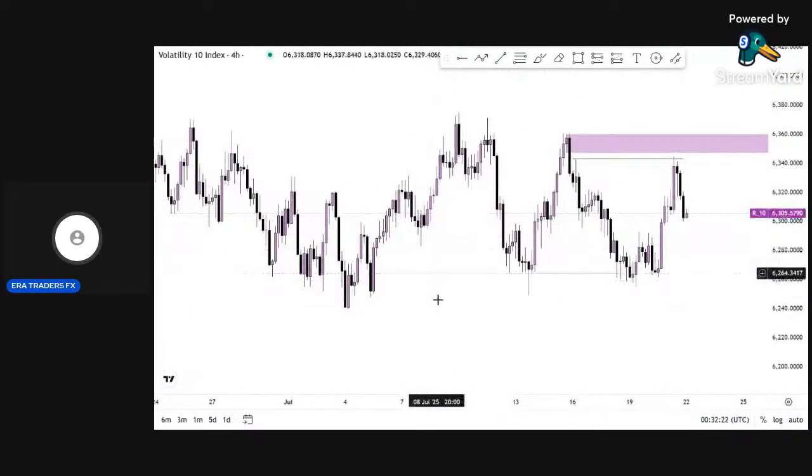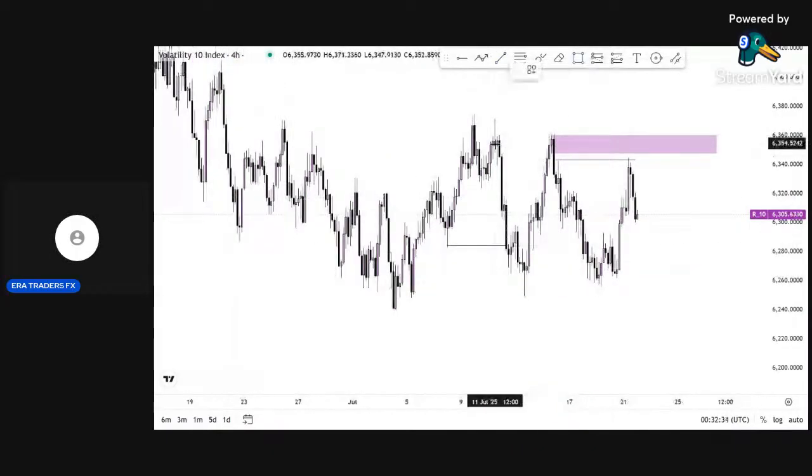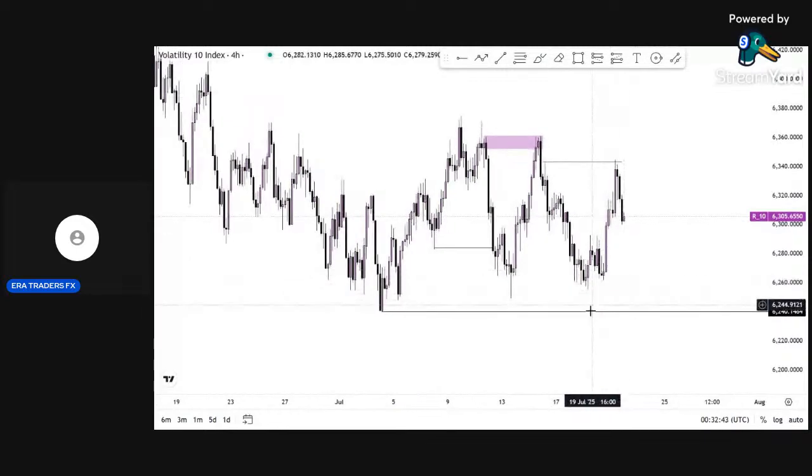So the first sell I saw was basically this one. Clearly, we had a shift to the downside because I knew we're bearish. I saw this other block, this clear level here, and I was targeting this next level. The price came almost there, but did not take it out.